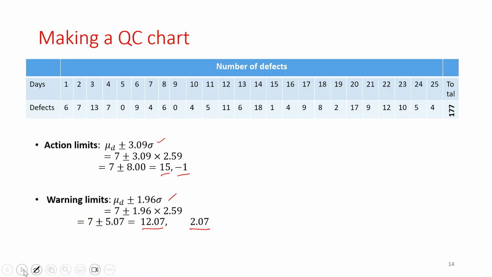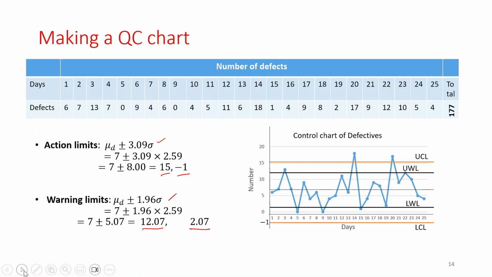Once they are known, we plot the chart. The points here, we have joined them together. You may not join also. It's not that the joining has to be done. It's a choice. One can join, one may not join. It doesn't matter. On the x-axis, we have days.